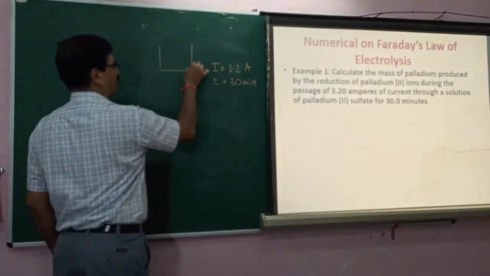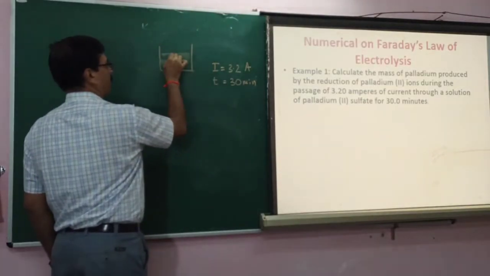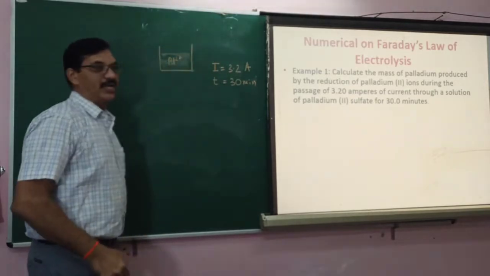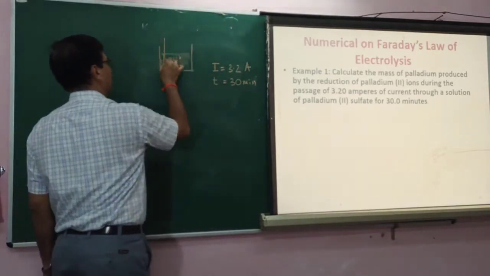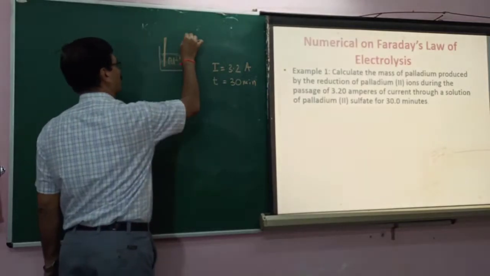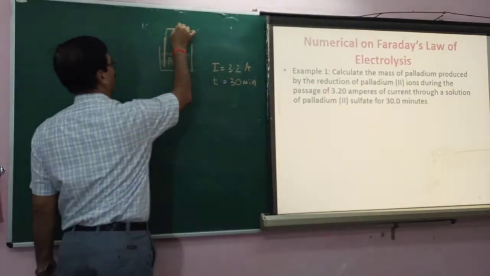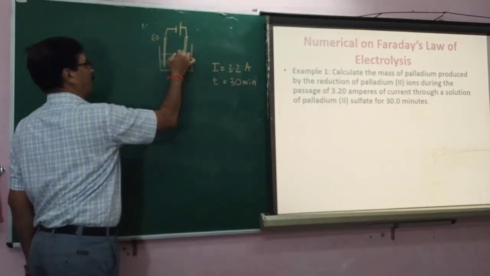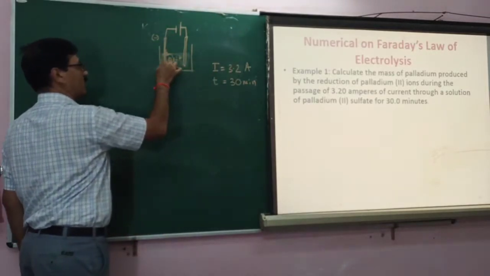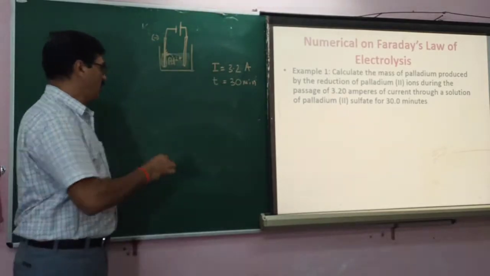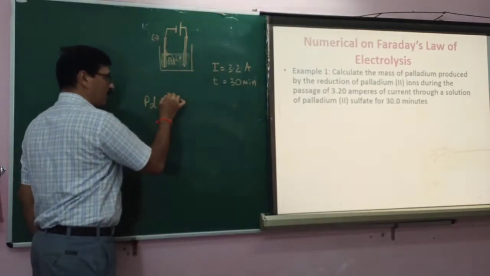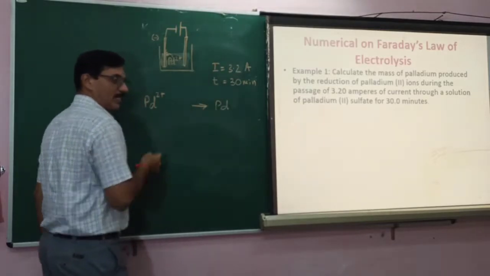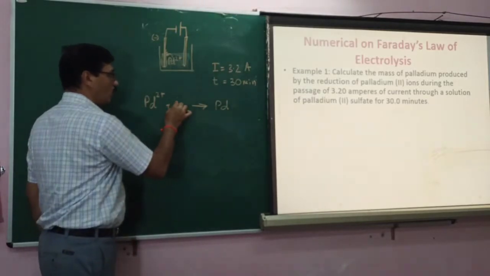So this is an electrolytic cell consisting of palladium ions, Pd 2 plus, having some inert electrodes. You have to imagine all this, and with a source. Now this is negative polarity, palladium will go here and get deposited, right? Palladium 2 plus ion, to form palladium metal, needs 2 electrons.